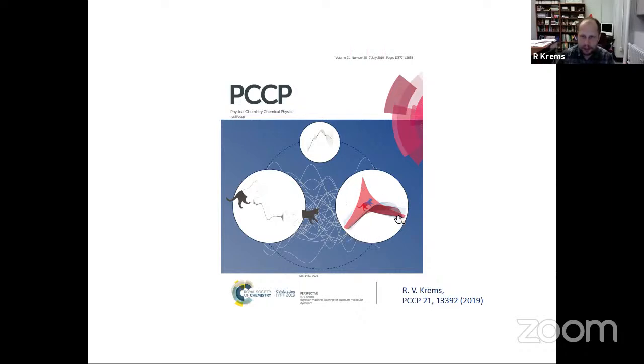What I like about this figure is this depiction of the inverse problems. You can think of our approach as basically a cat walking on multiple potential energy surfaces simultaneously, and then looking at the observables and picking a potential energy surface from this manifold, from the distribution of potential surfaces.